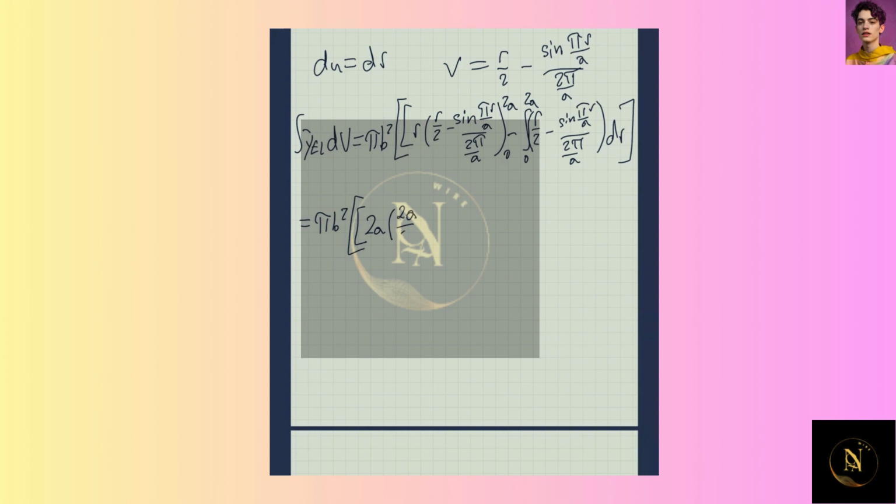And simplifying, we get pi b squared times a, 2a times 2a over 2 minus a squared over 2, minus the solved integral, which is r squared over 4 plus a squared over 2 pi squared cosine pi r over a from 0 to 2a.